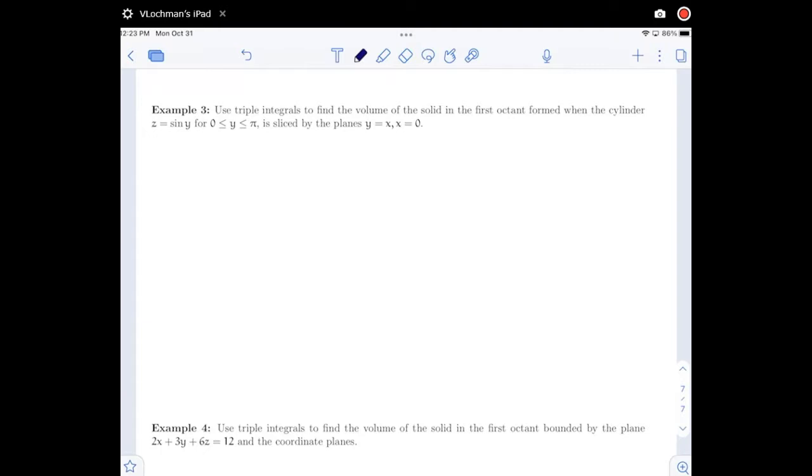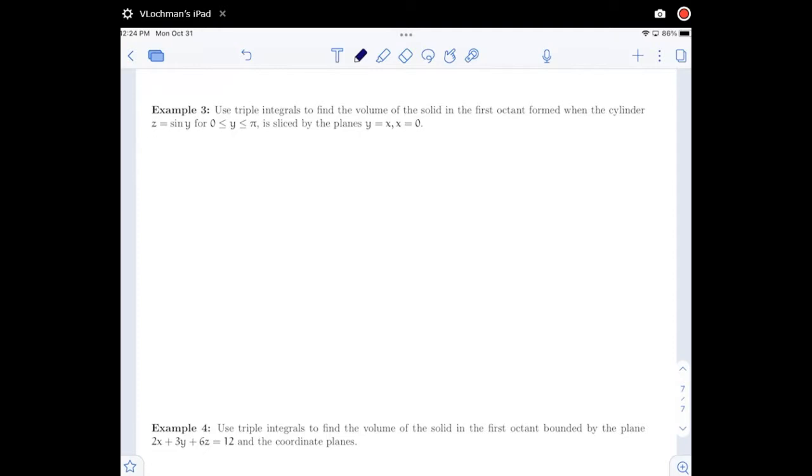Okay, so typically on an online homework, or on a quiz or a test, I will give you a picture, but I do like to start with an example where we do everything from scratch to see those big ideas come together. All right, let's see. First octant. So it's kind of equivalent to saying, let's stick with the first quadrant where everything is positive, right?